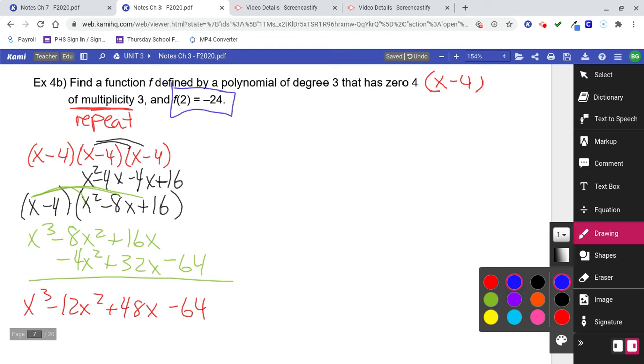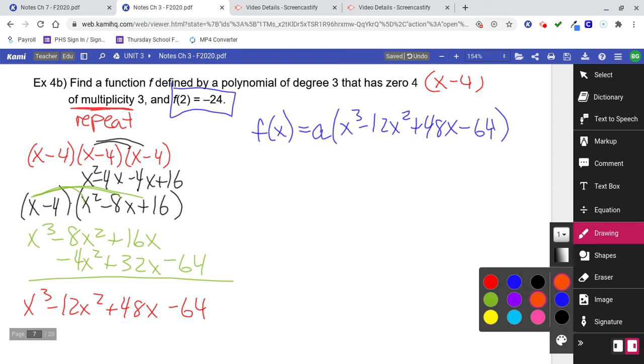So in order to use that information, I'm going to say f of x equals a times that stuff. More specifically, plug in the numbers. I'm plugging in 2 this time.